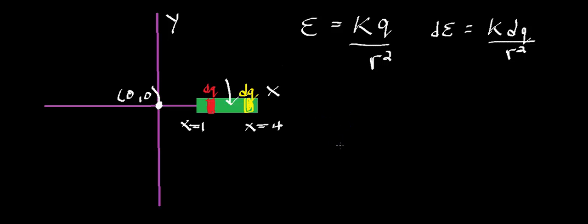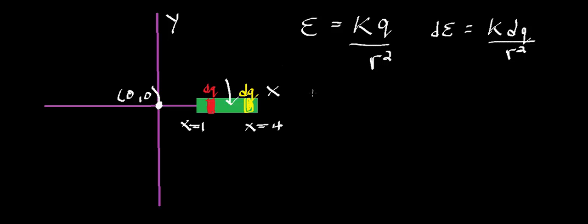So here's the idea with these integrals. In pretty much every case except for one, which we'll do in another video, you're going to have to get dq in terms of y or theta or something like that. So we're going to use a technique called equation of differential elements.